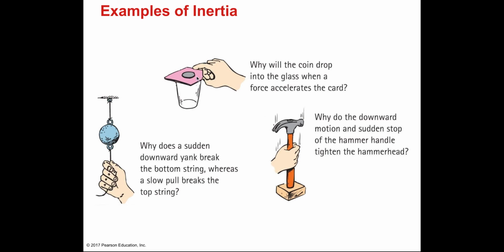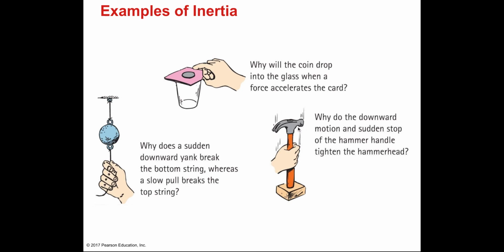If you put a coin on a card, the coin drops into the glass when a force accelerates the card. Why do the downward motion and sudden stop of a hammer handle tighten the hammer head? The hammer head has mass, and more mass means more inertia.